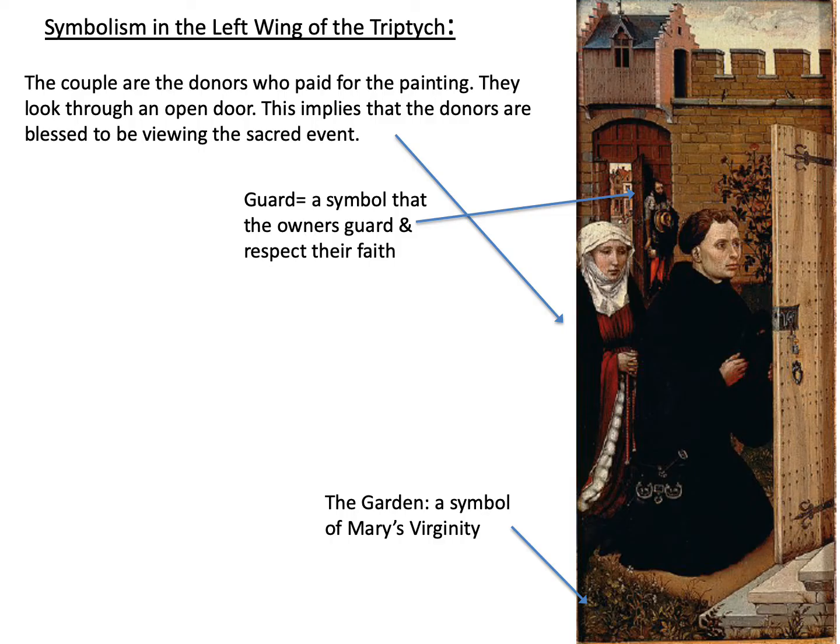The symbolism in the left wing is a little bit less overt and obvious. The garden that the patrons kneel in is a symbol for Mary's virginity. There's a guard that stands at the back of the door in which the fortress was built. It's a symbol that the owners guard and respect their faith.